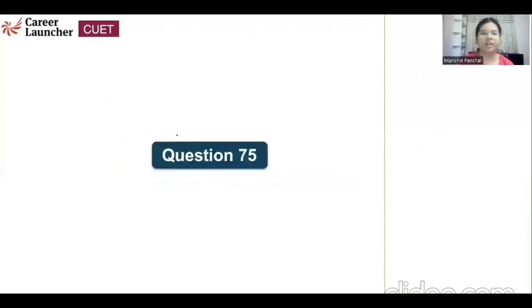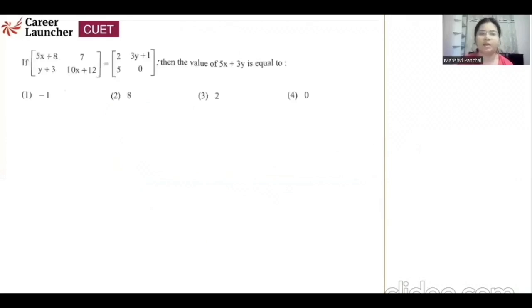Now question number 75. If these two matrices are equal, then what is the value of 5x plus 3y? So 5x plus 8 is given to you as 2. So 5x will be equal to 2 minus 8, right, this is equal to this. Or we can say that we have been given that 10x plus 12 is equal to 0.